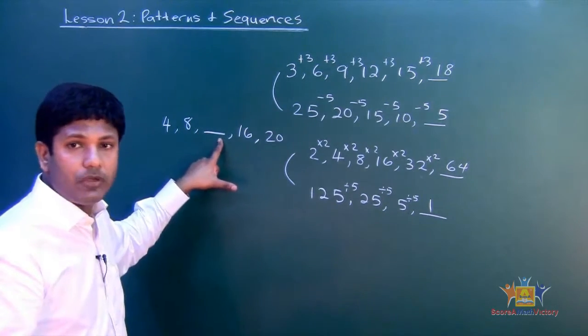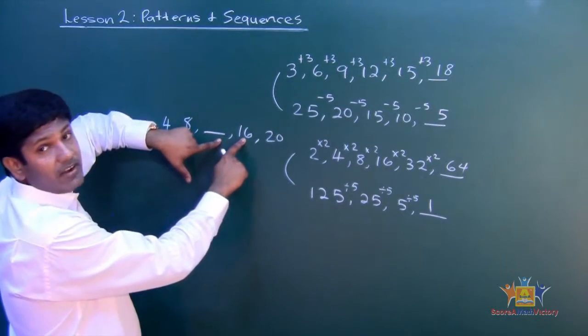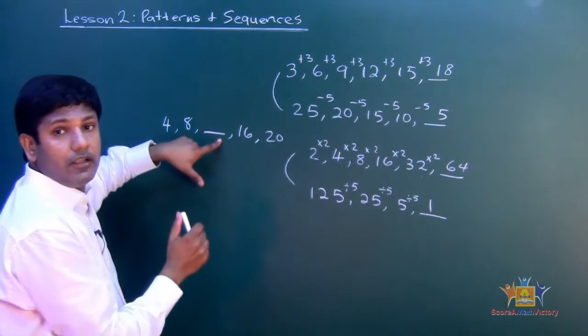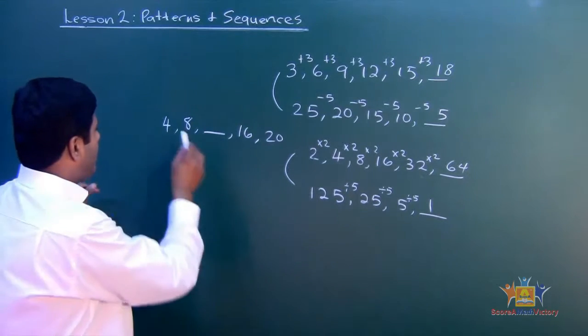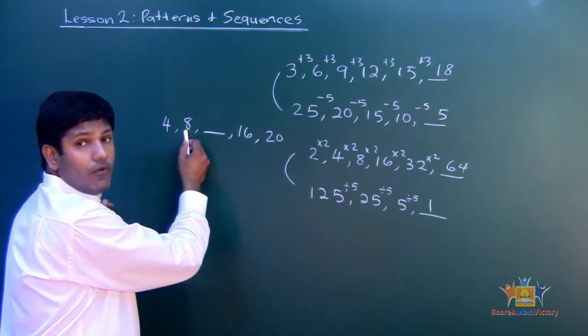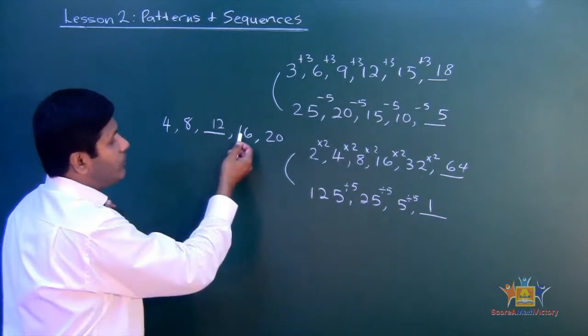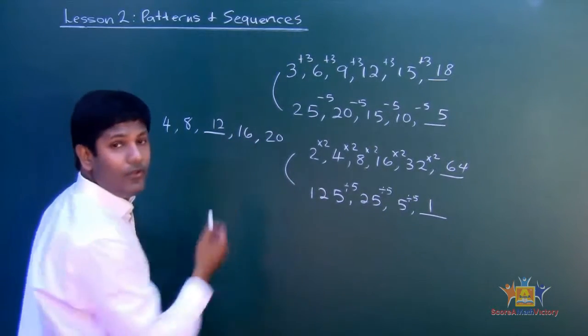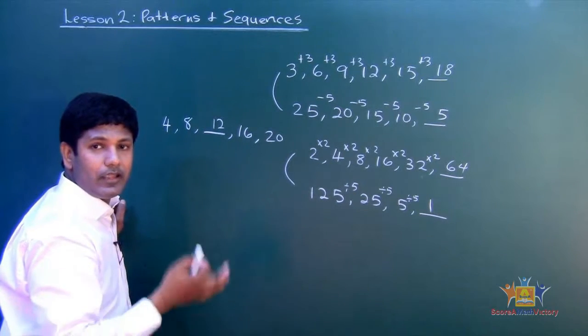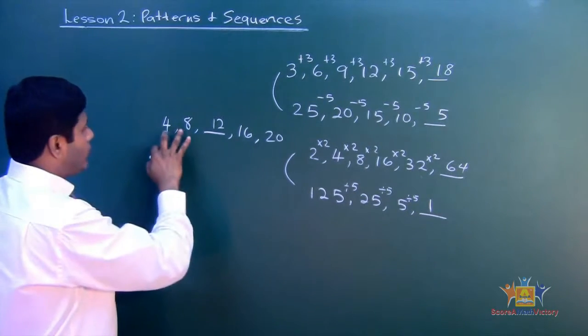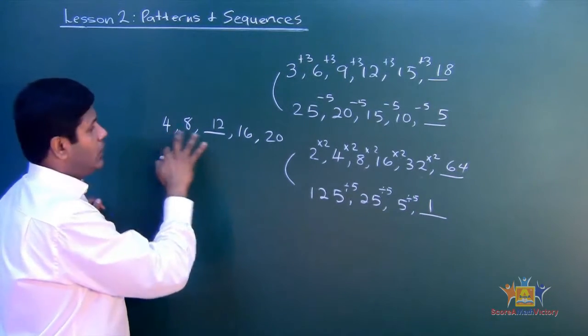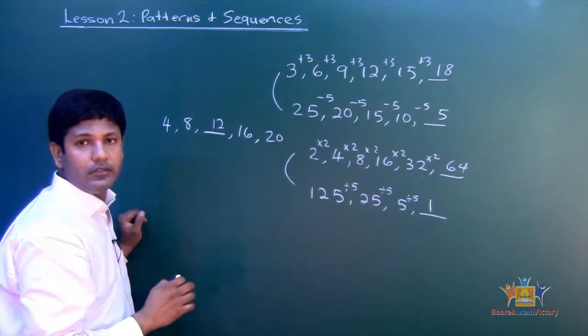But 8 times 2 is 16, and I already gave you 16 there. It's not a good sequence. How about 4 plus 4? 8. 8 plus 4, 12. 12 plus 4, 16. 16 plus 4, 20. That's why you have to be very careful. Don't make a quick judgment from the first two. Look at the other numbers.